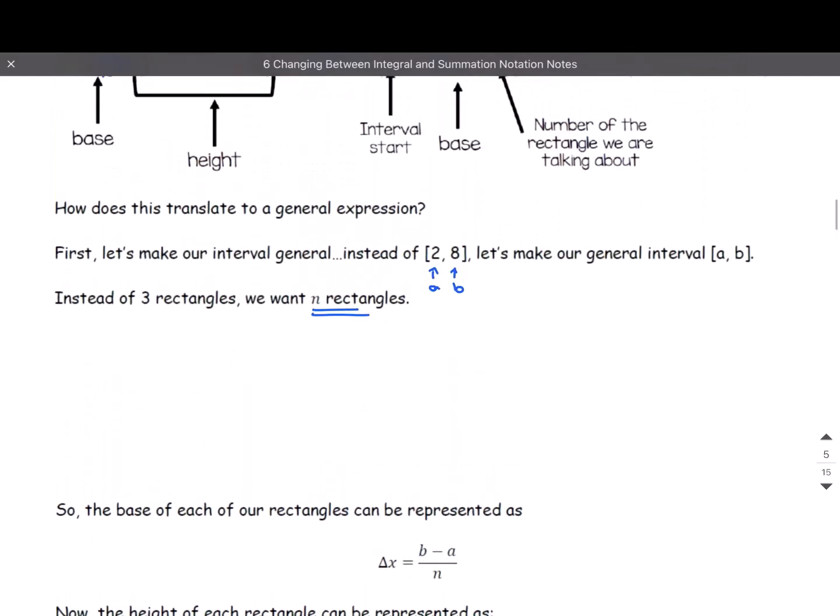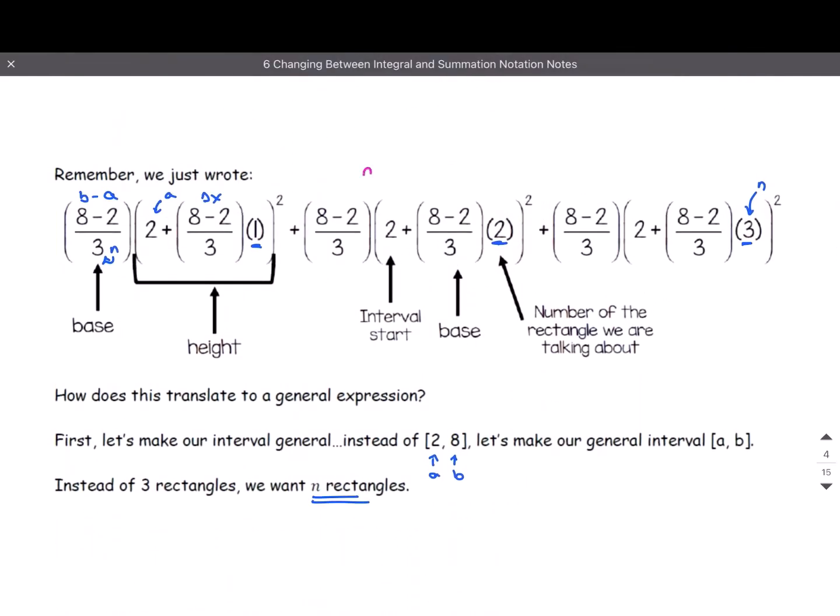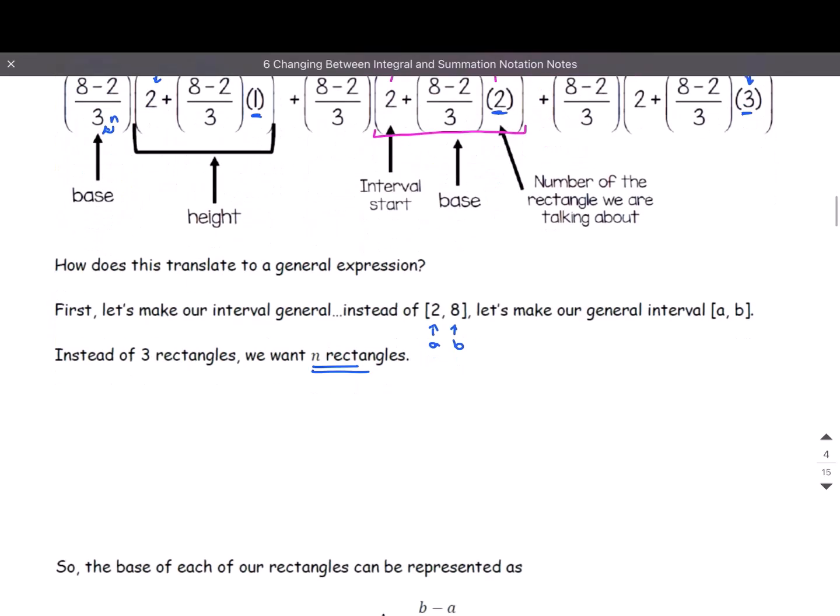Remember, if we look back at this term right in here, f of the 2 was a plus this was delta x, and this is the k, which counts which rectangle we are in. Okay?